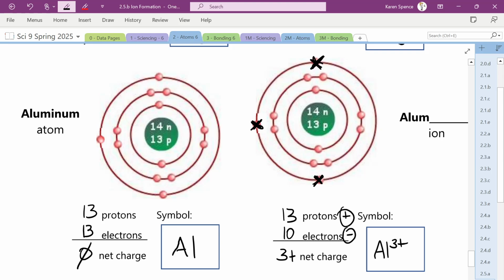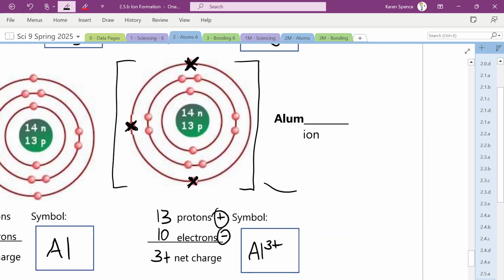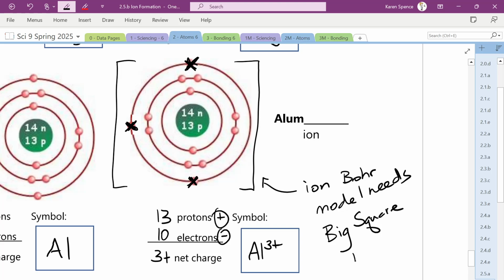Now, one last thing that I haven't shown you yet. When you have an ion, you put big brackets around it, big square brackets. An ion Bohr model needs big square brackets, plus and a charge.